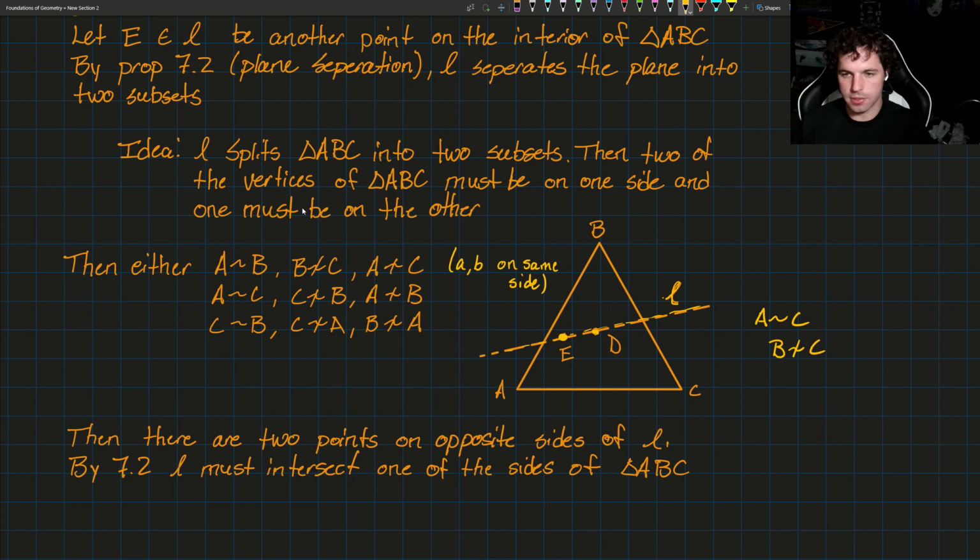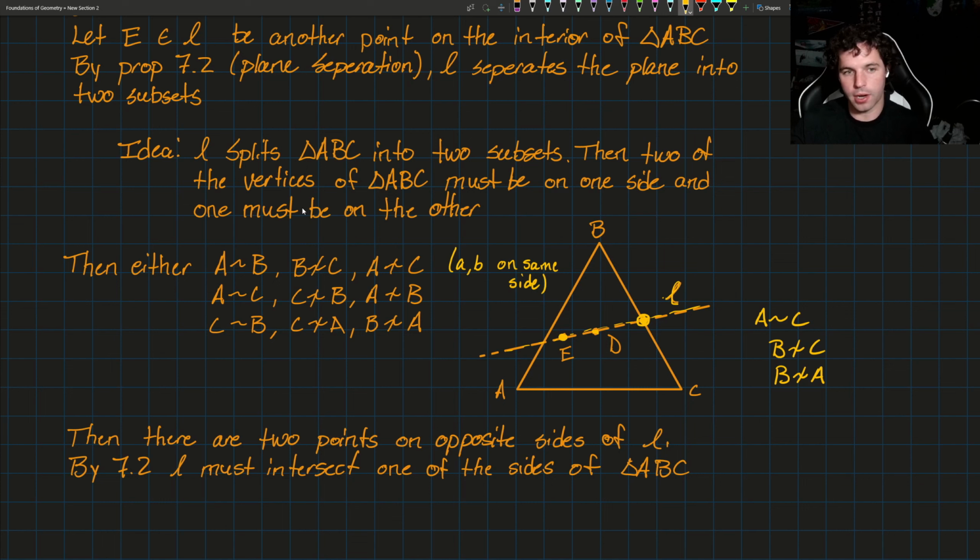And A and B are on opposite sides. So because B and C are on opposite sides, there must be a point on L through BC that intersects it. Right, L splits it into two, so the line segment BC must intersect L at one point.